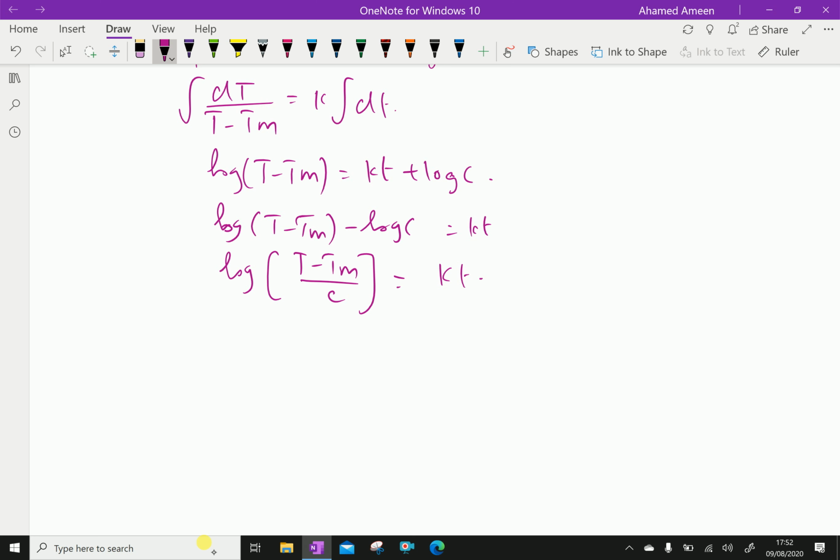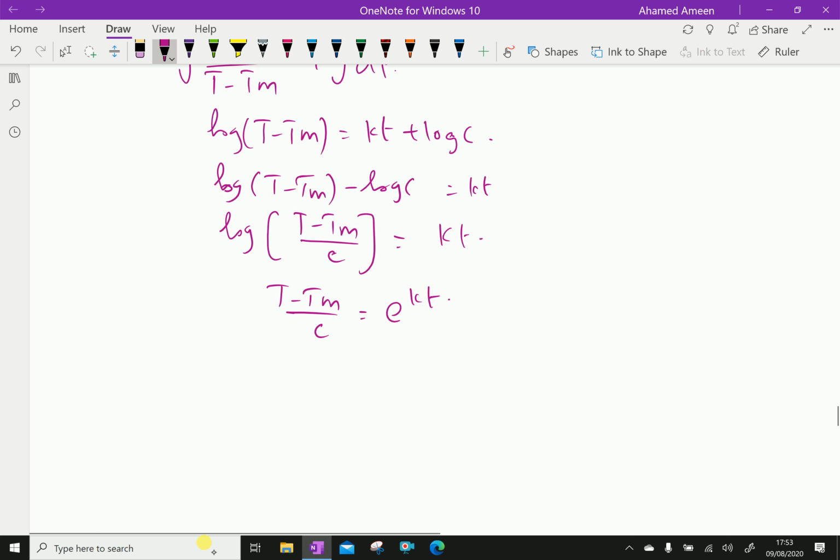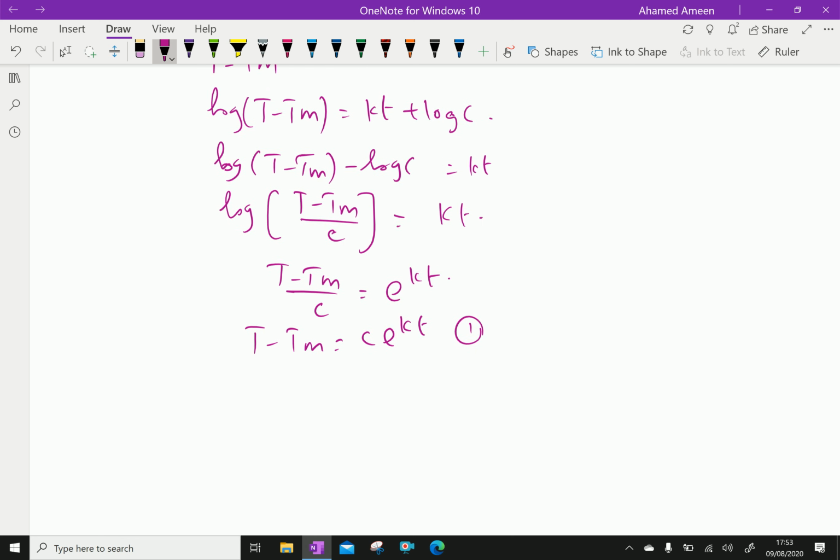Therefore, e power log of T minus Tm by c, which is T minus Tm over c, equal e power kt. Then T minus Tm equals c e power kt. Let this be equation 1.